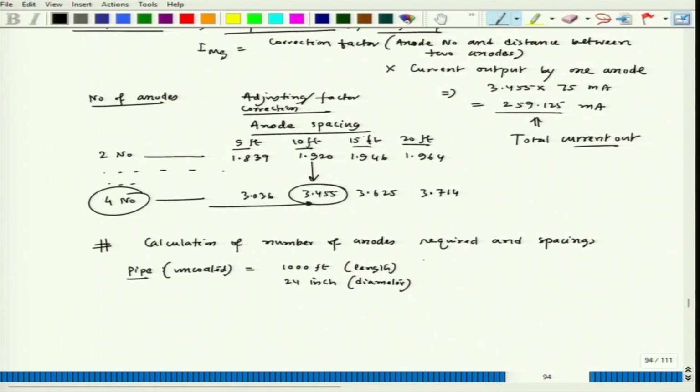Now, it is to be protected. For that we need to send some amount of current density. So, let us say we need a constant supply of current density of 1 milliampere per feet square.